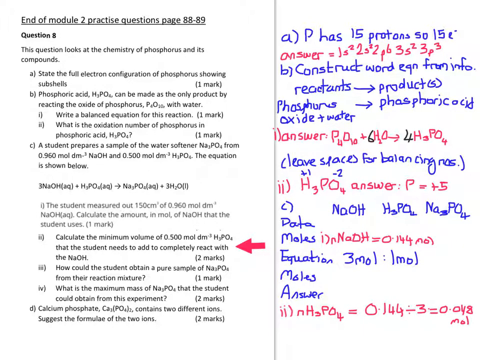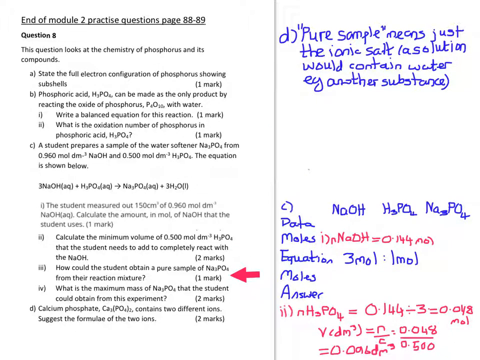So we divide the number of moles of NaOH by 3 to get the number of moles of H3PO4 using the 3 to 1 mole ratio in the equation. That's our first mark. It's a 2-mark question, so the second mark is to work out the volume. So that gives us 0.096 decimetres cubed. You could also, if you wanted, put 96 centimetres cubed, but make sure the units match the number.